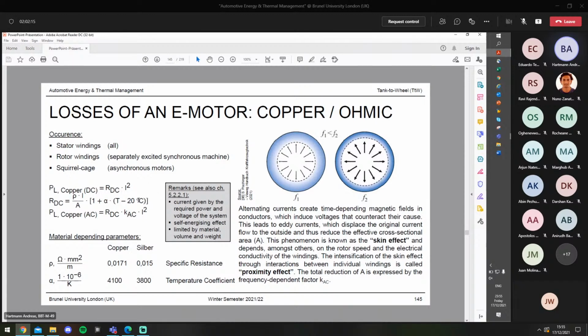The hotter a conductor gets, the higher the ohmic resistance also becomes, and therefore the dissipated power becomes more and more, and this is why you need to ensure the right cooling of an e-motor.